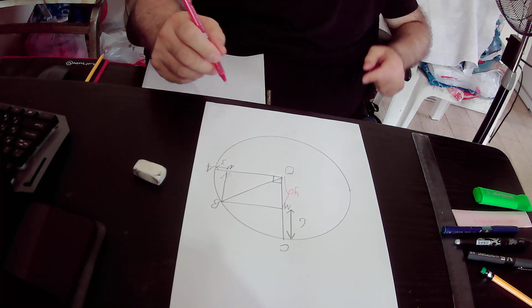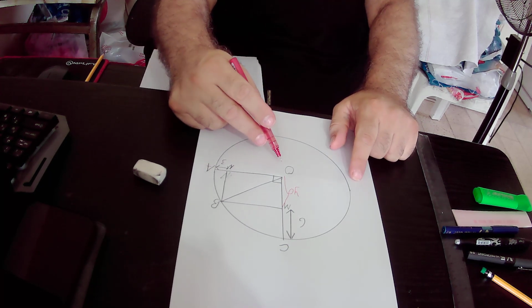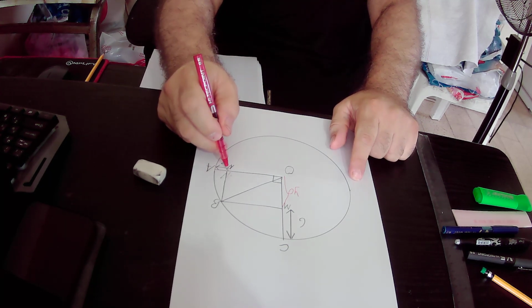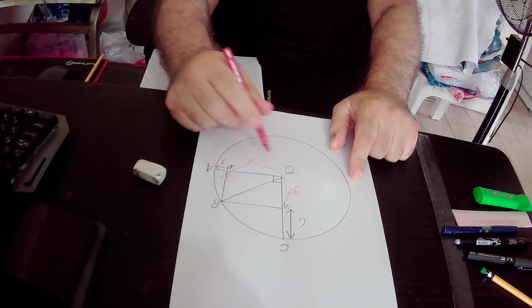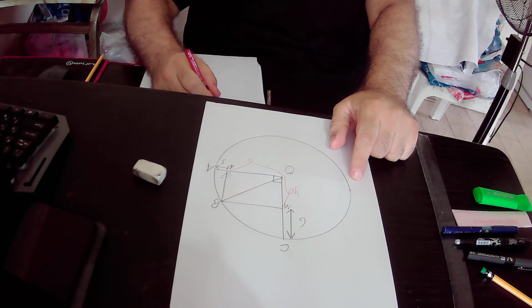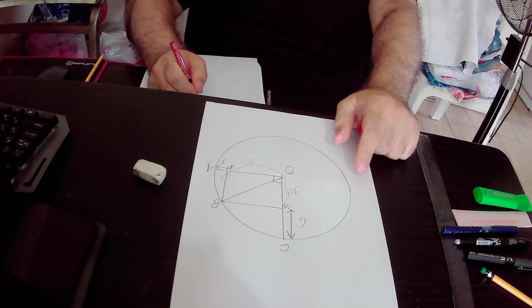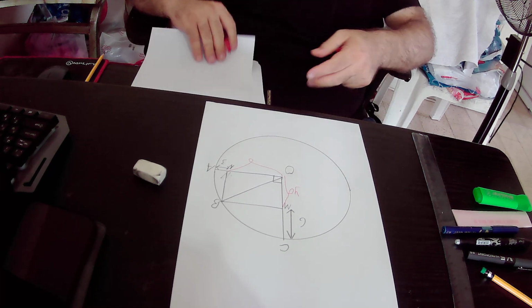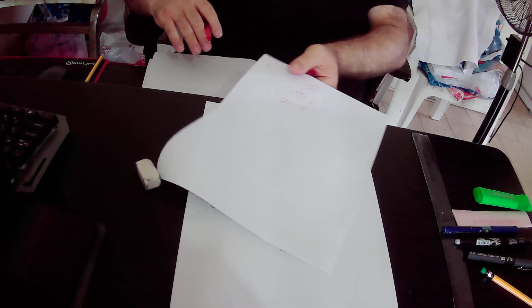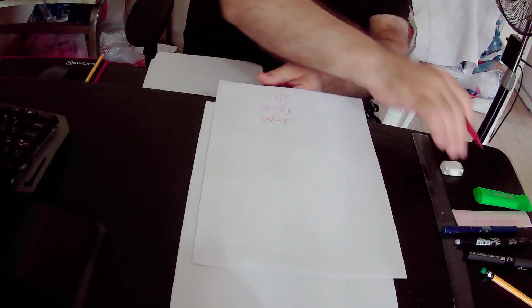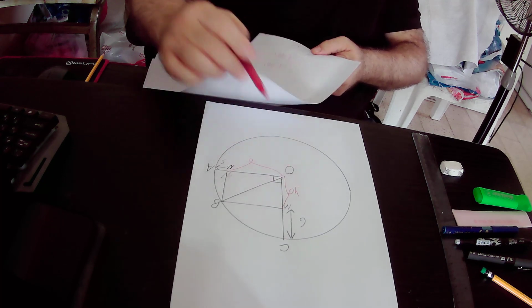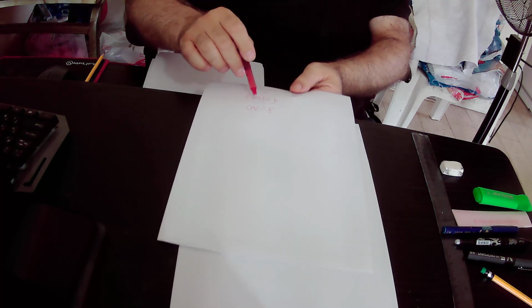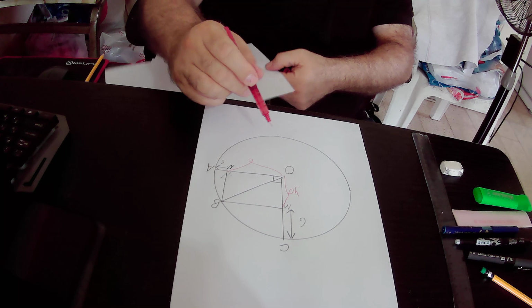And we will also define line segment ON as x. That is to say, ON equals x. Okay? So line segment OM equals y, and the line segment ON equals x.